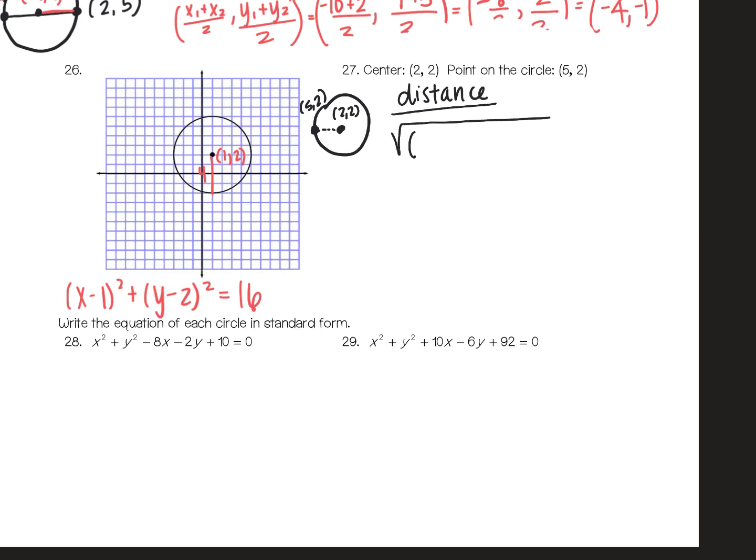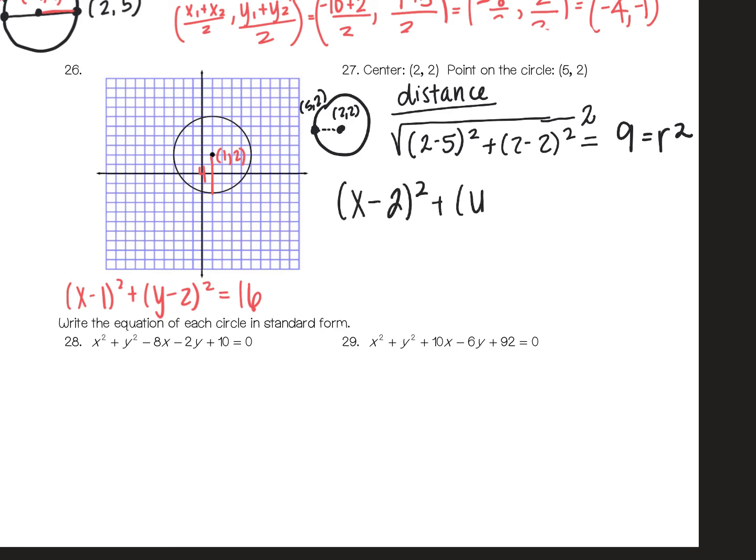You're going to do x2 minus x1 squared plus y2 minus y1 squared, and then you're going to want to square that to get r squared. A lot of the time you'll have to square it in Desmos because you'll get a really nasty decimal. This time I'm just getting 9 for r squared. Then you just take the center and plug it in. So (x minus 2) squared plus (y minus 2) squared equals r squared, which was 9.